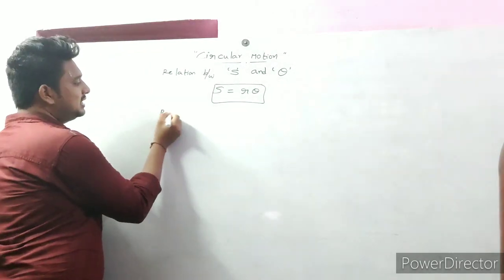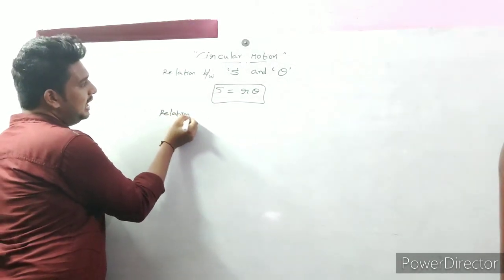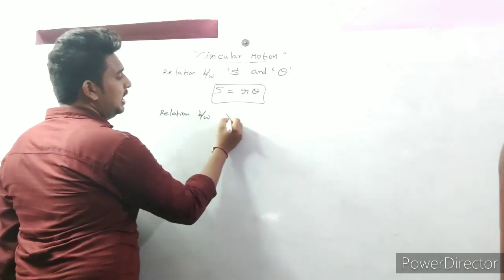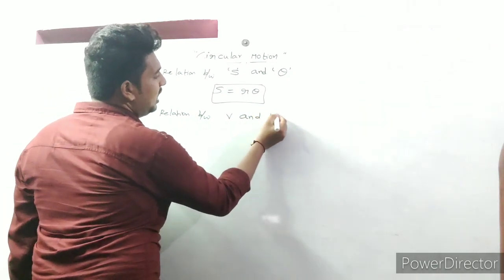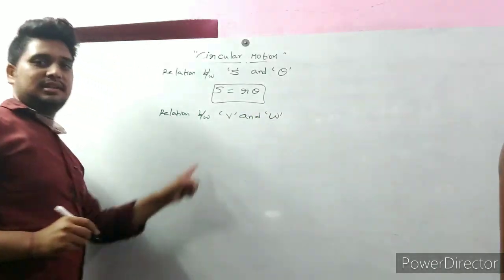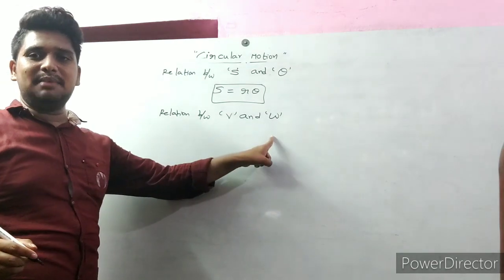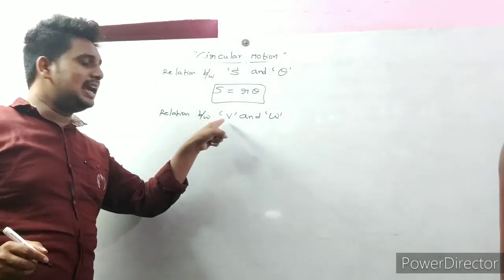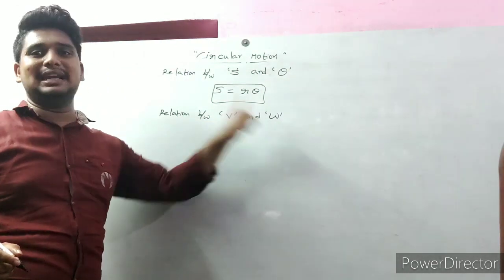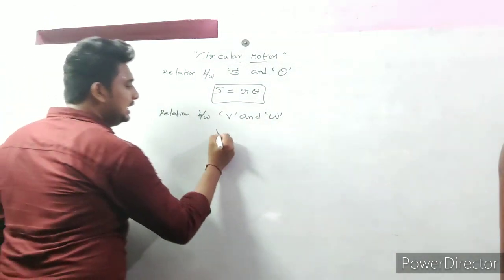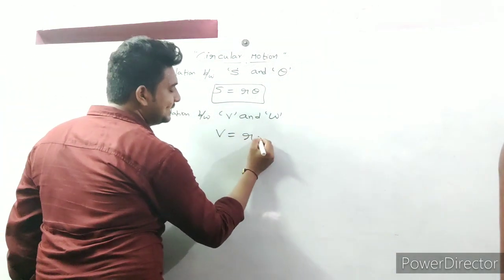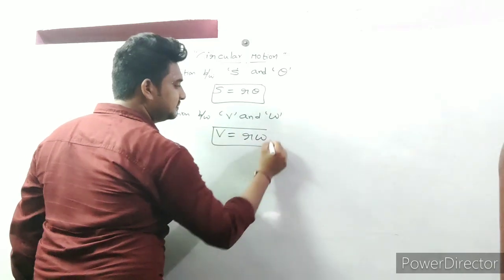Again, the relation between v and omega. v means linear velocity, omega means angular velocity. So linear velocity is equal to radius into angular velocity.